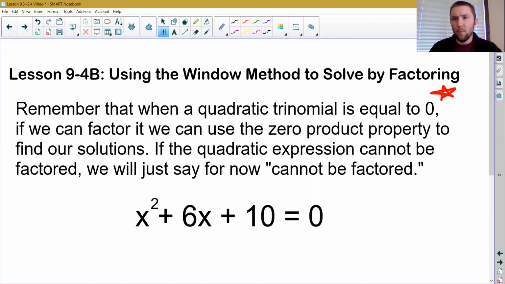But I do want to let everybody know that it's not always true that a quadratic trinomial can be factored into those two sets of parentheses. There are a lot of them out there that can't be. Here's one example.